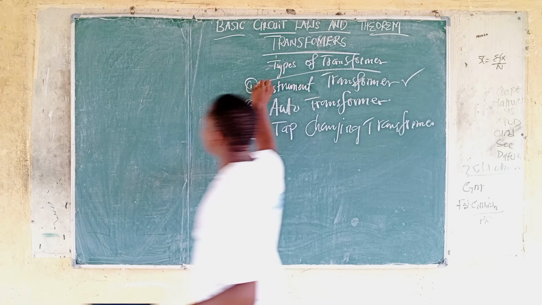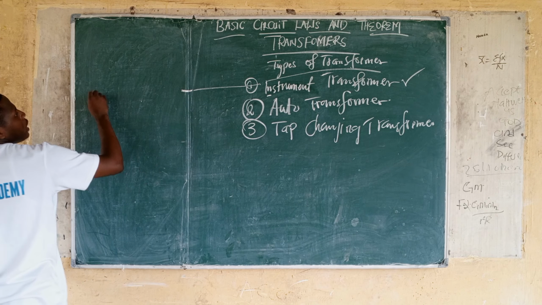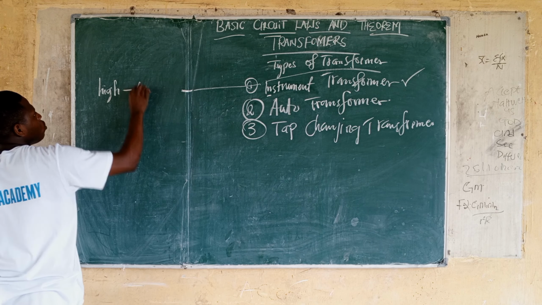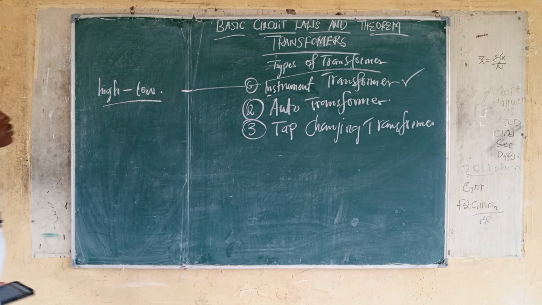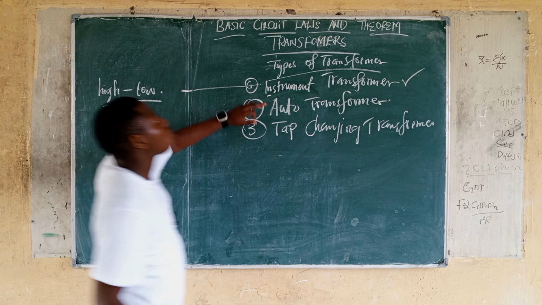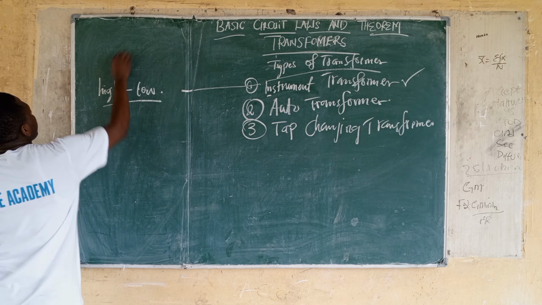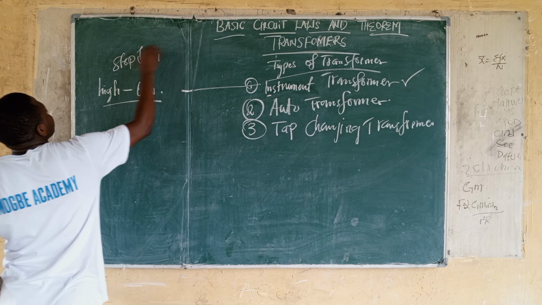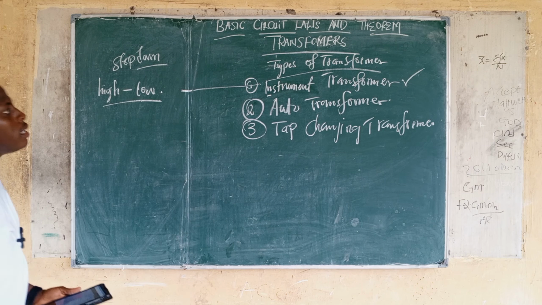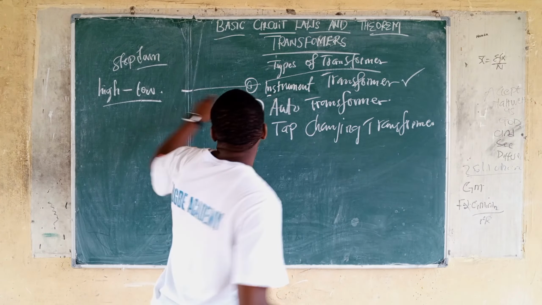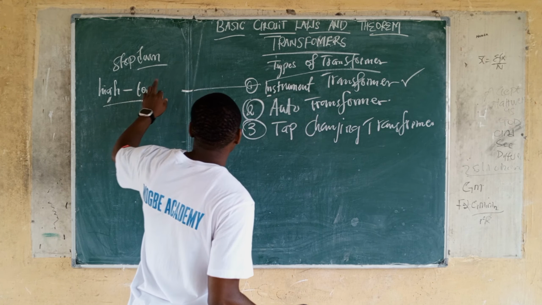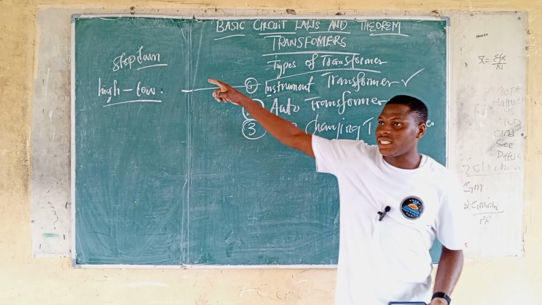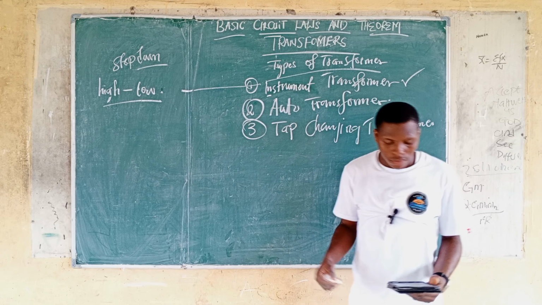So the major work of this transformer is to step down current from high to low. Basically, these instrument transformers are step down transformers. Note that the major work of the instrument transformer is to step down high voltage to low voltage. So what type of transformer does that? It is the step down transformer.